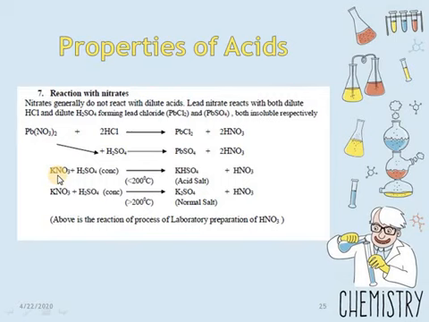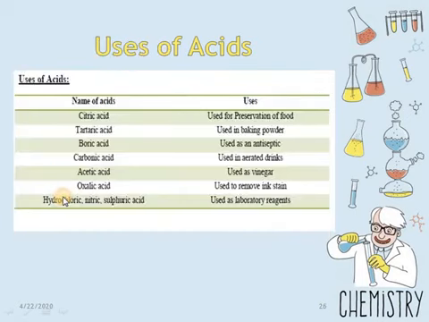In the case of potassium nitrate with concentrated sulfuric acid, below 200 degrees Celsius it gives the acid salt, and above 200 degrees Celsius it gives the normal salt and nitric acid. This reaction is the process of laboratory preparation of nitric acid. This also is to be learned very specifically from now.